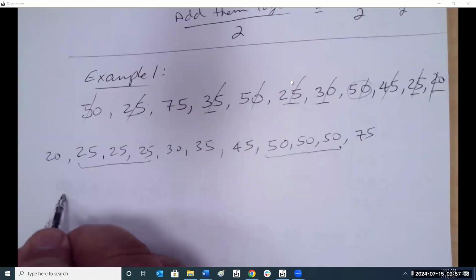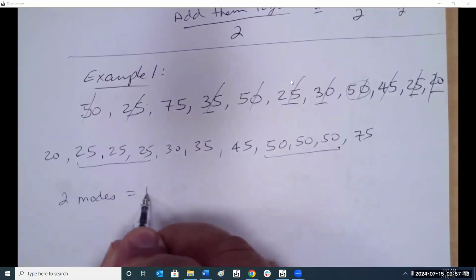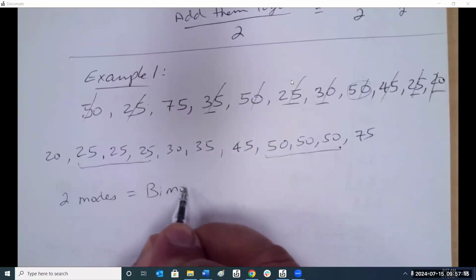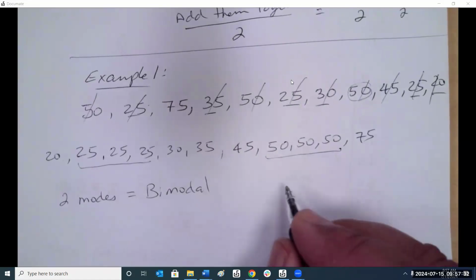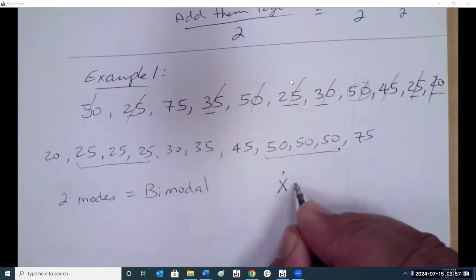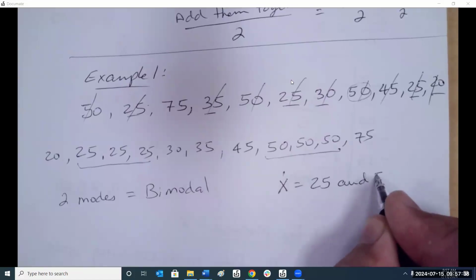So when we have 2 modes, that's called bimodal. Bi means 2, mode means the mode. So the mode in this case, x dot, equals 25 and 50.